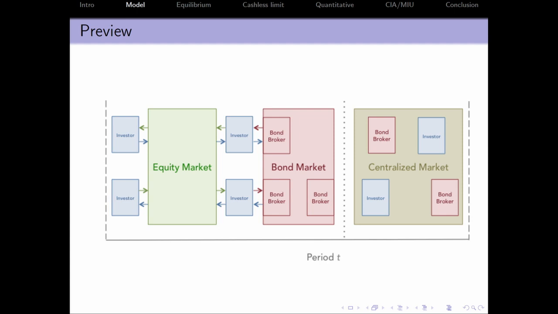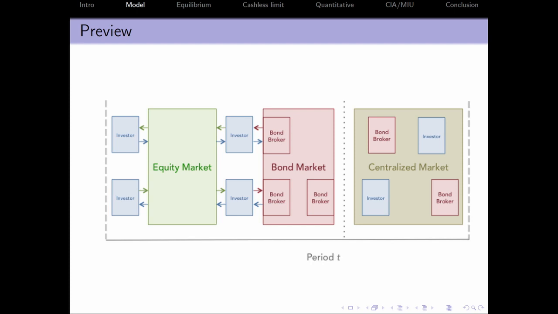You can lever up to buy more equity if you like, or if you're a seller of equity, you could sell the equity and then lend in that bond market. So the point is, in an economy with no money, these guys will still be able to trade because they can simultaneously issue a claim. It's going to be a claim on goods payable here. You can simultaneously short the bond and buy equity.